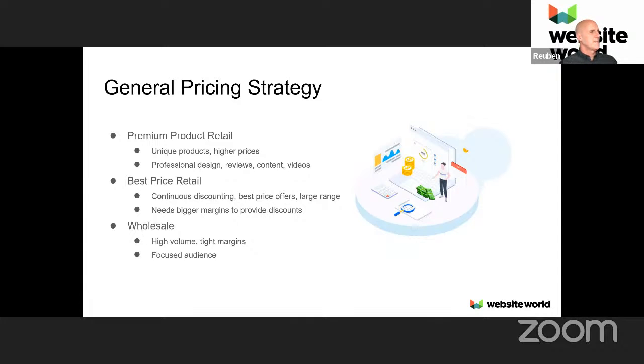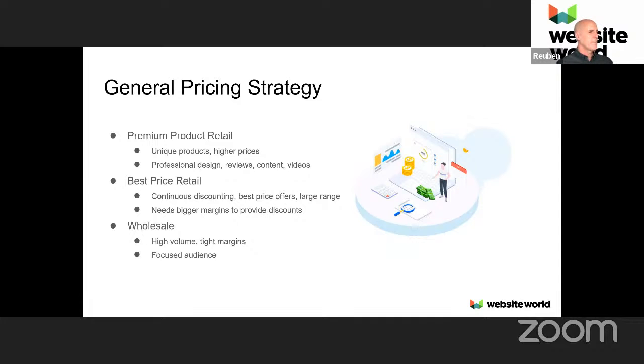Another form of business is the best price retail. So, always putting it out there that you've got a discount available. So you're continuously discounting. Obviously, you can't have your items always on discount. You'll have best price offers, and you'll probably need a large range to move your discounts around a little bit. You'll need bigger margins to provide these discounts.